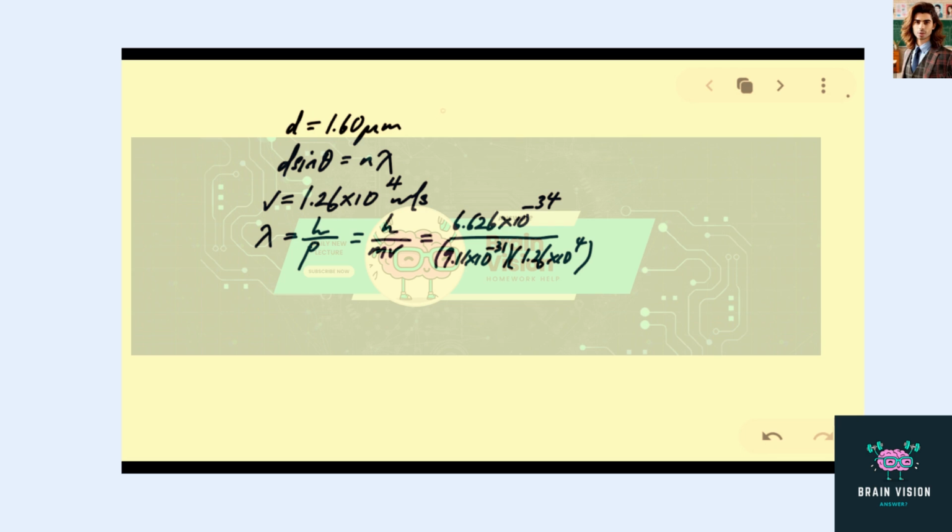So we want the maximum at the first order and the second order. From here, theta is equal to sine inverse of n lambda over d.